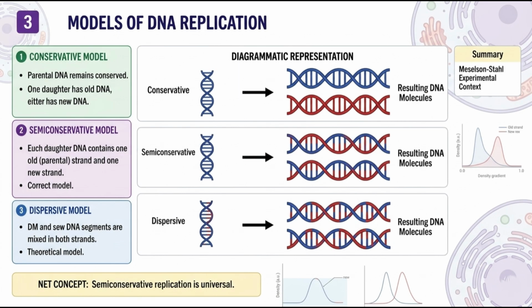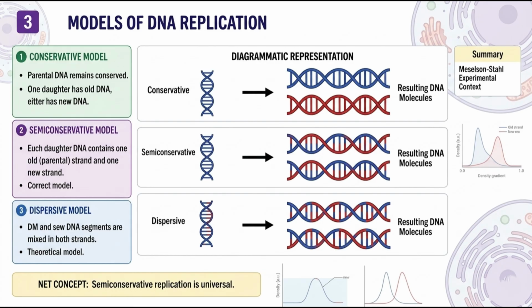Models of DNA replication. Before the mechanism of replication was experimentally proven, scientists proposed 3 different models. The first model was the conservative model. According to this model, the parental DNA molecule remains completely intact, and an entirely new daughter duplex is synthesized.